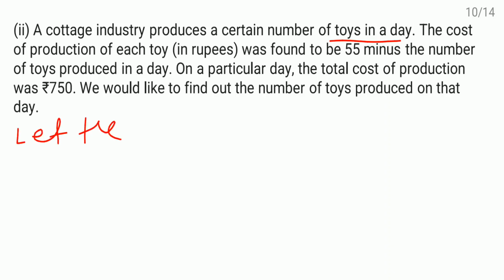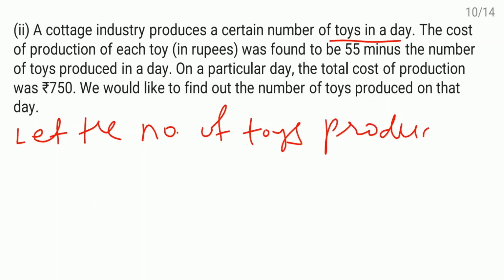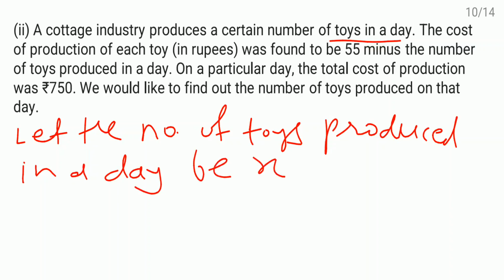Let the number of toys produced in a day be X, right? Now, the cost of production of each toy in rupees was found to be 55 minus the number of toys produced in a day.